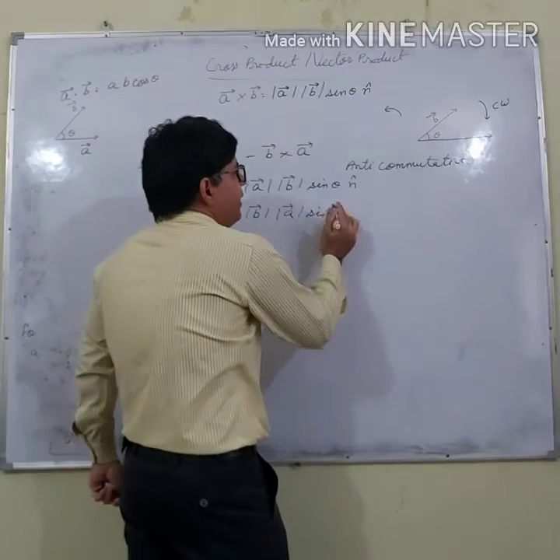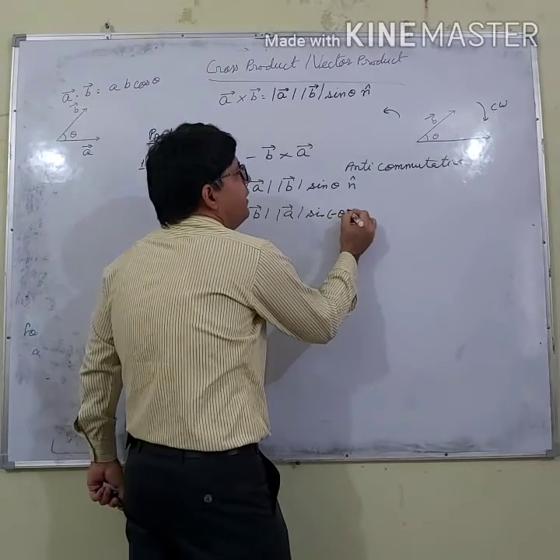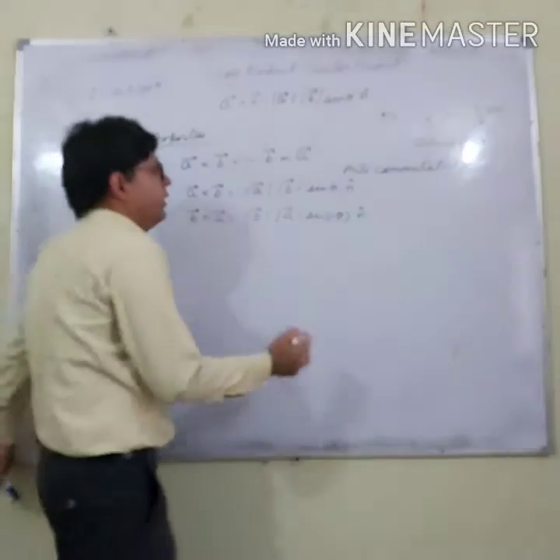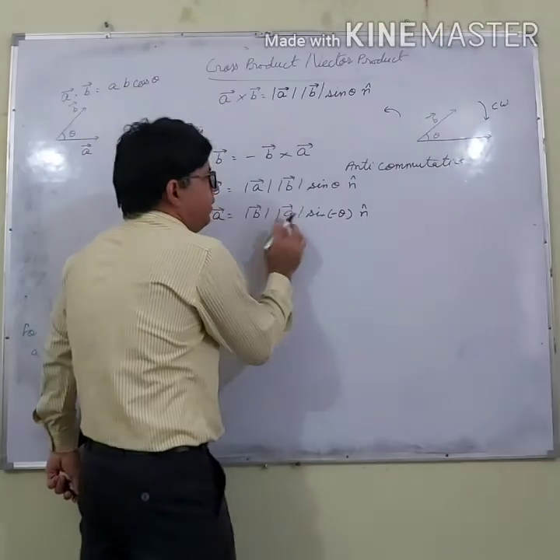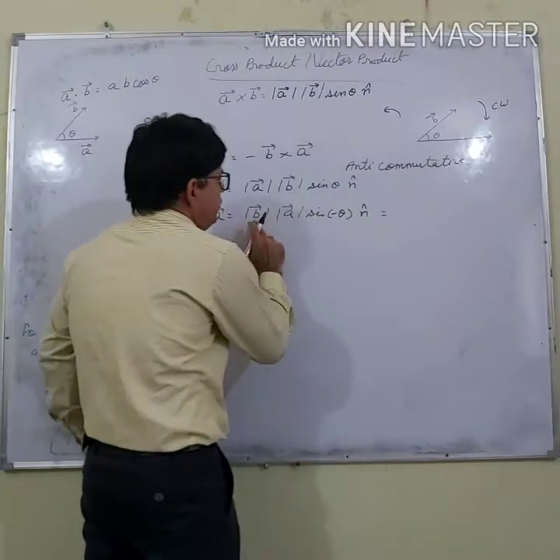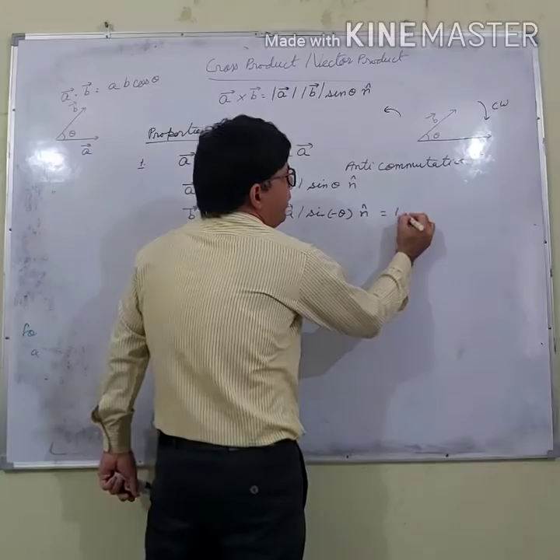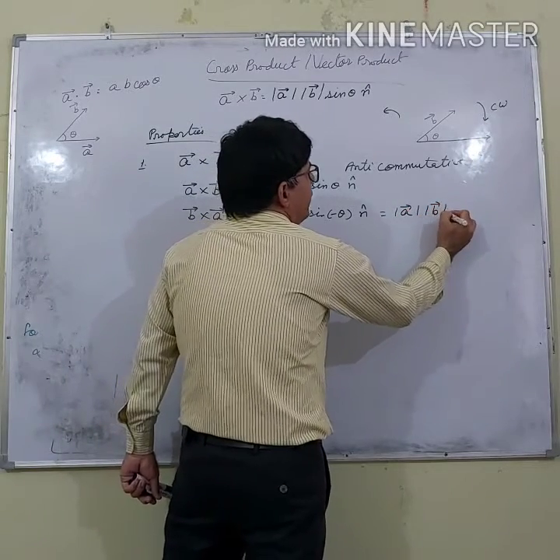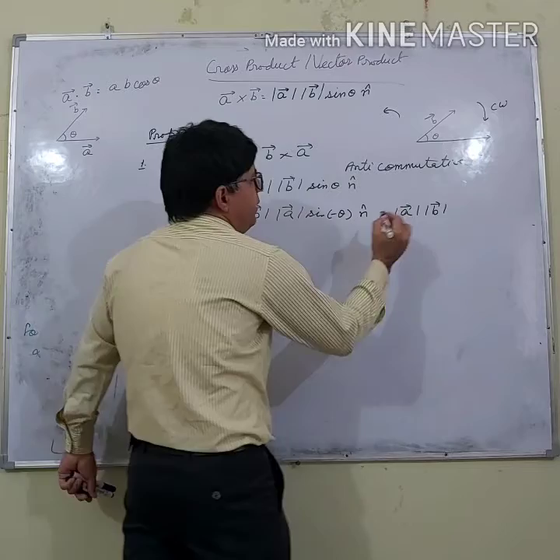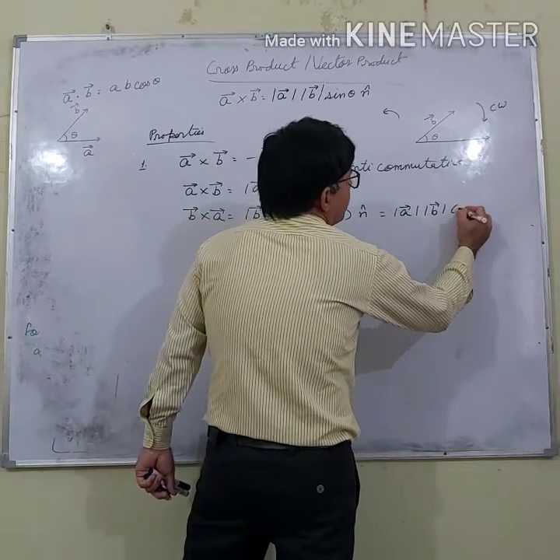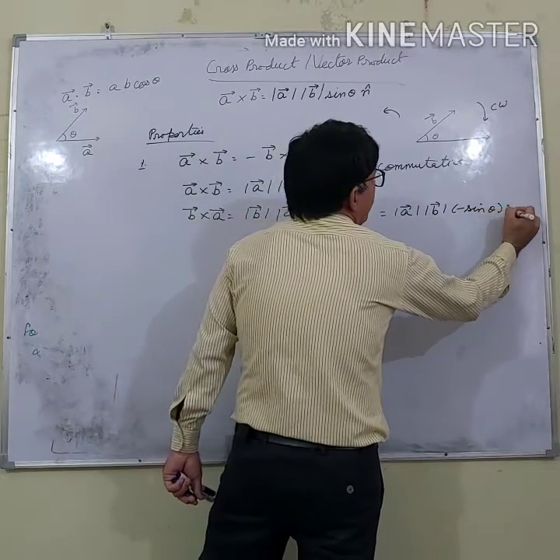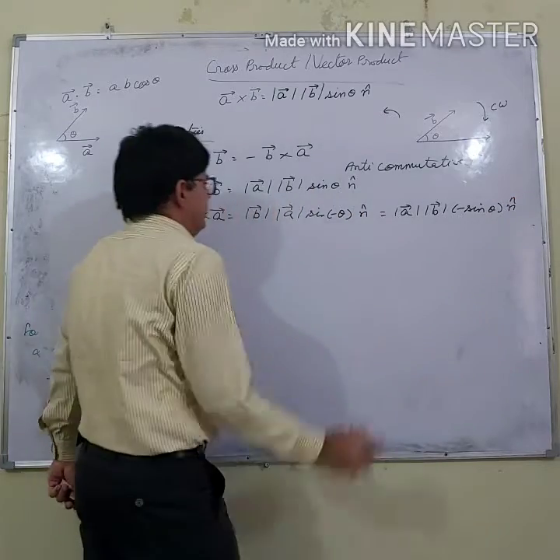So we take this angle as minus theta. It can be written as the magnitude of vector A, the magnitude of vector B, and remember, sine of minus theta is minus sine theta, n cap.